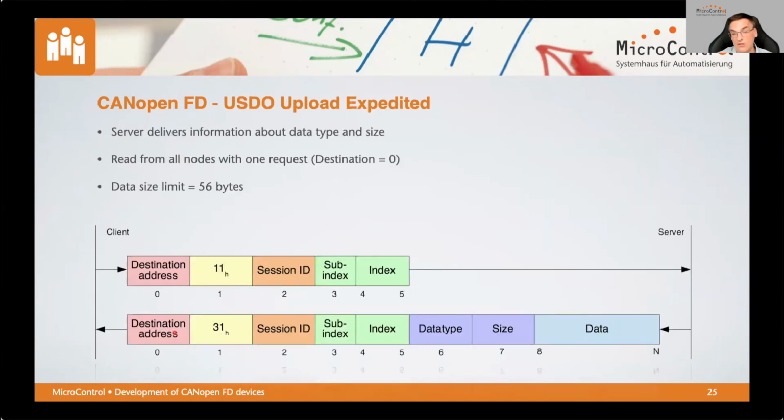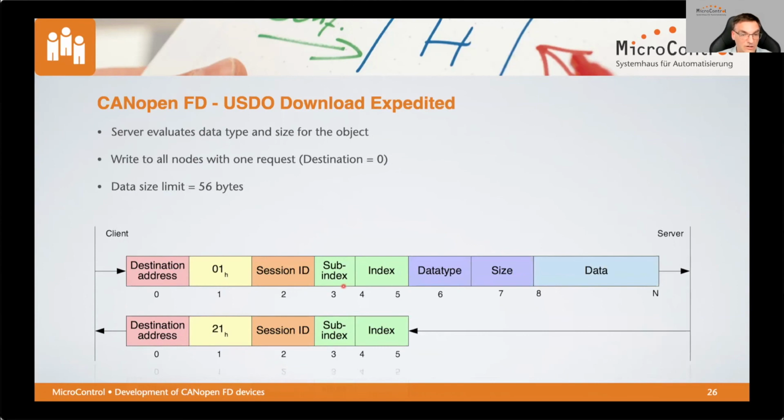Here again, you have already seen these protocols. Let me point out that the reason why the subindex is now in front of the index in these new protocols is just because of accessing structures. The whole idea of these new protocols was not only to have new features, but also, if you are doing the implementation on your own, to make it as easy as possible to implement these protocols.